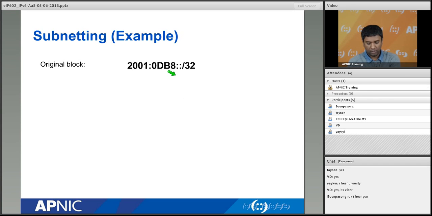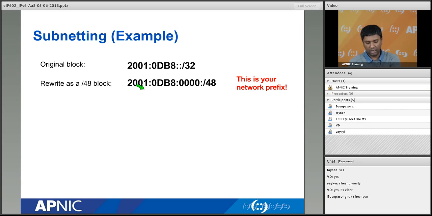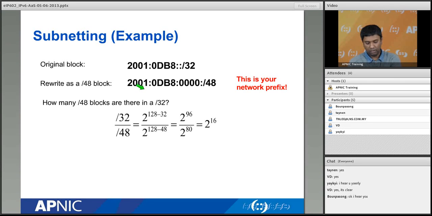So how can it be done? You see, the first block is 2001:db8:0::/48, then the second one will be 1, 2, 3, and this is how you can. We'll show you the subnetting example.